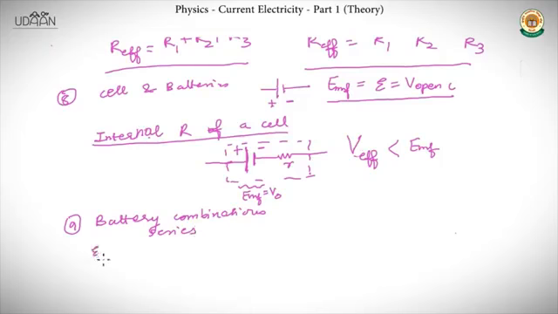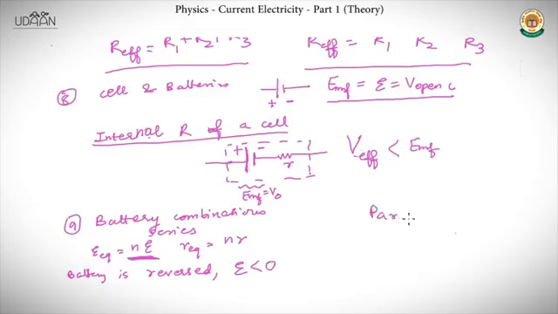In series combination, the equivalent EMF is N times E. The potentials just get added, and like resistances get added in series, the internal resistances will also add. When you're adding the EMFs, just remember that if a battery or a cell is reversed, then just take the negative of the EMF. That's the sign convention we're going to follow.